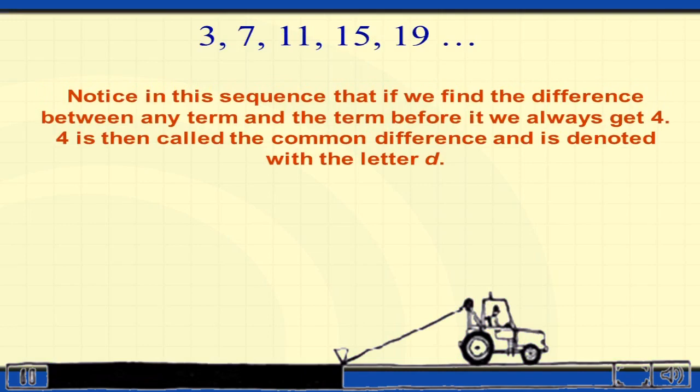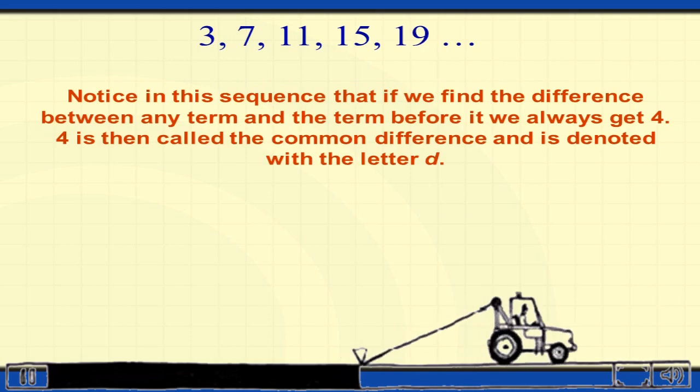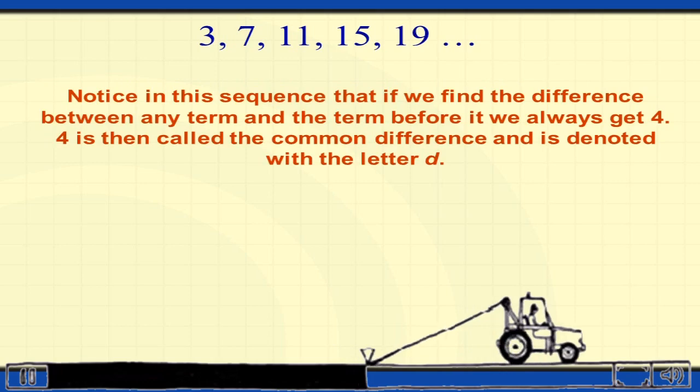Notice in this sequence that, if we find the difference between any term and the term before it, we always get 4. 4 is then called the common difference, and is denoted with the letter d. D equals 4.